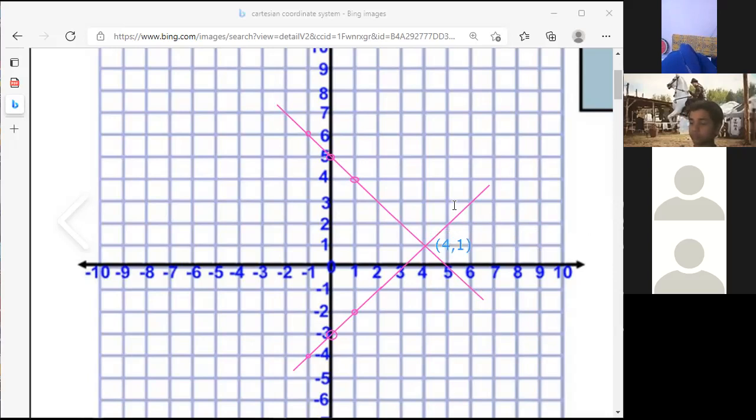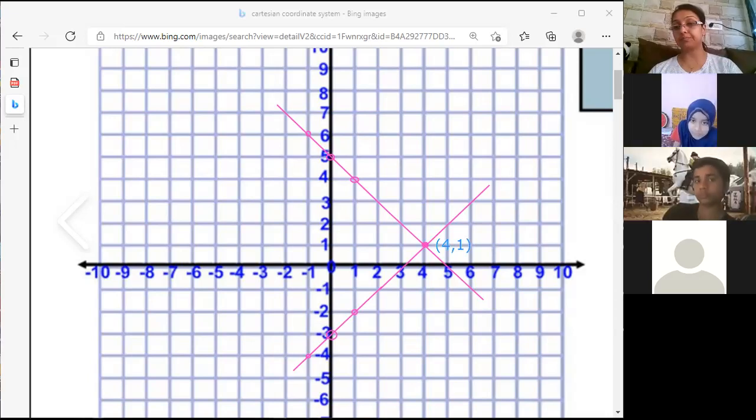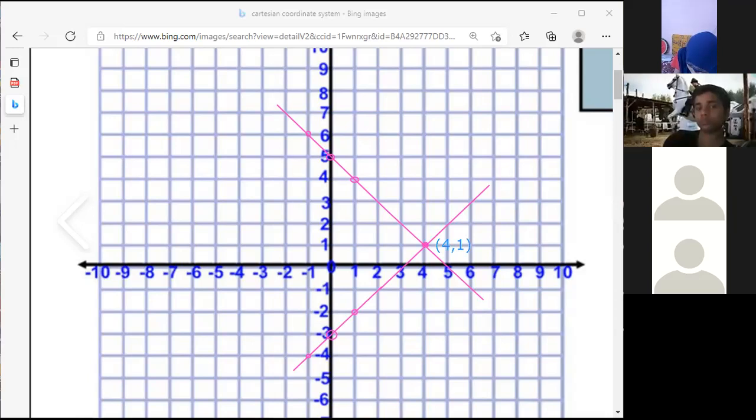Do you all get how we solve this equation graphically? Yes, teacher. This is the point of intersection. This is the point of solution. And this is how we are going to draw it on the graph paper. Barira, is it done?